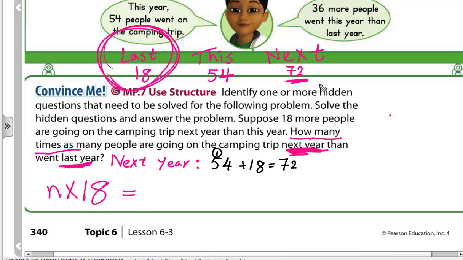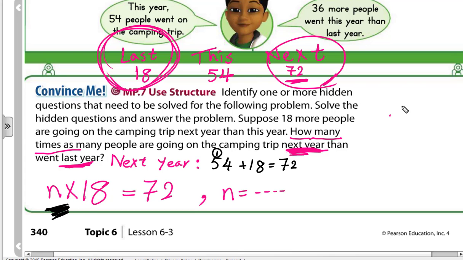To get the next year, which is 72. Now we need to solve to find N. This is an equation, and we have an unknown. The N, we call it unknown. We use it just to help us know what we should do. What should we do? The inverse of multiplication, which is division, right?